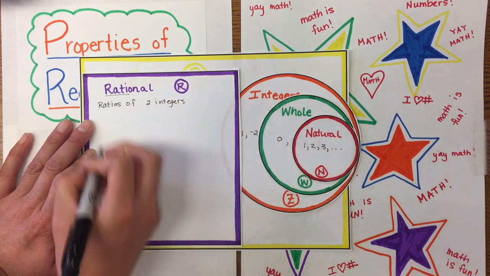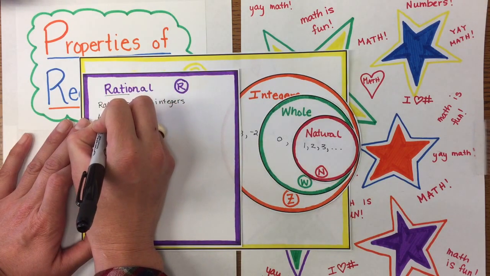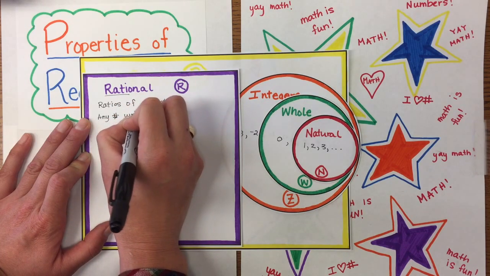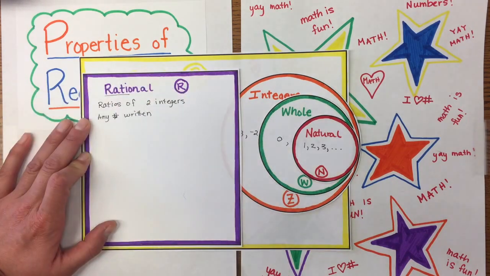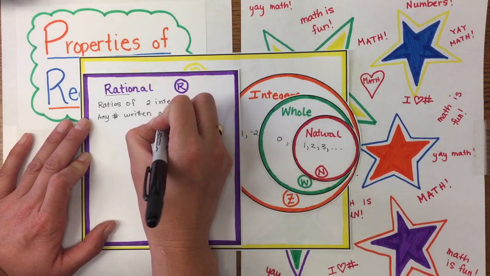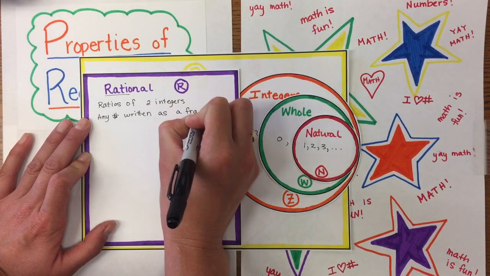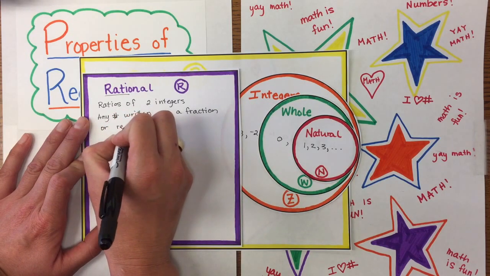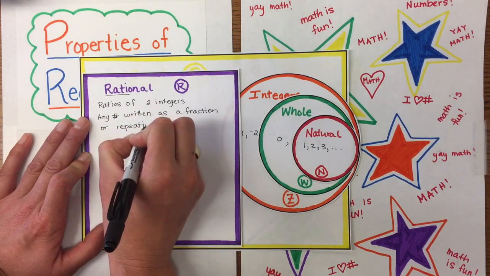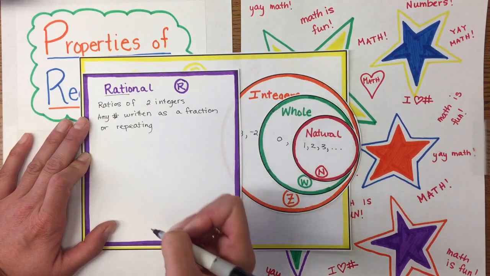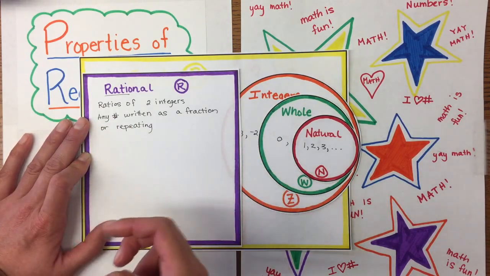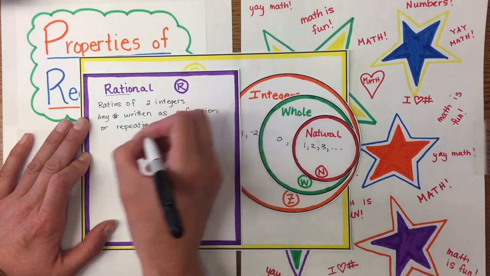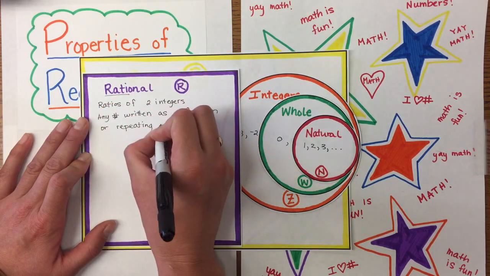These are any number that can be written as a fraction or a repeating or terminating decimal. Any repeating or terminating decimal can be written as a fraction. That's why the repeating or terminating decimals are all ratios, or are all rational numbers.